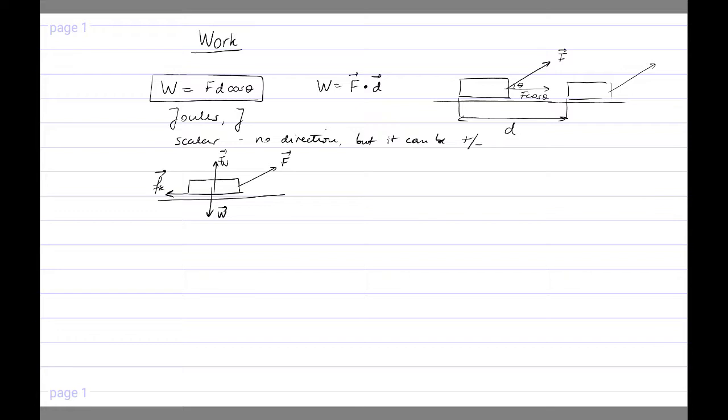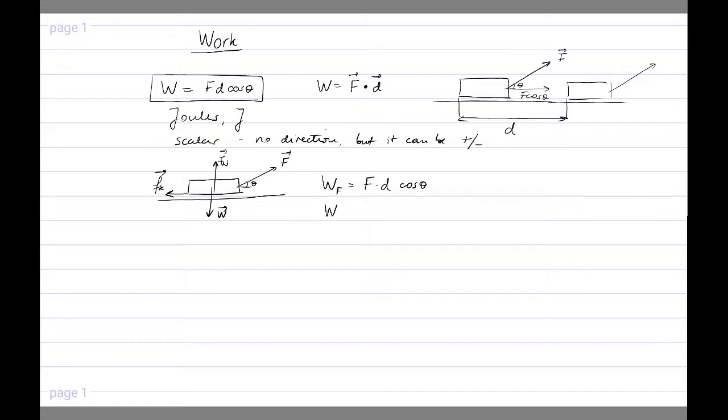We can solve for the work due to each individual force. So work done by force F as this block is moving a distance d is going to be force F times the displacement times cosine of the angle between the force and the displacement.